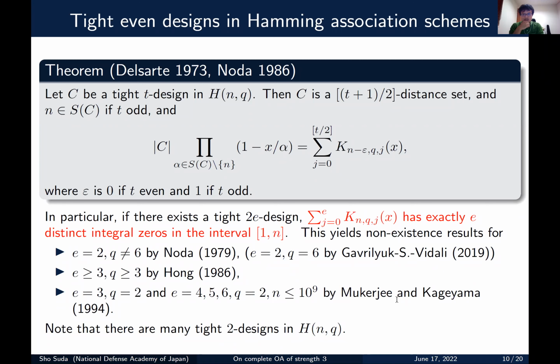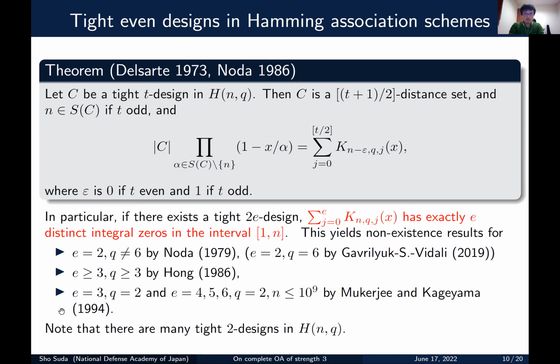In 1994, Mikaji and Kageyama showed the non-existence of type 6 designs in the binary case, and some partial classification, non-existence results for type 8, 10, 12 designs in the binary case, but in this case, the length is at most 2 to 10. I also want to mention the existence of type 2 designs.